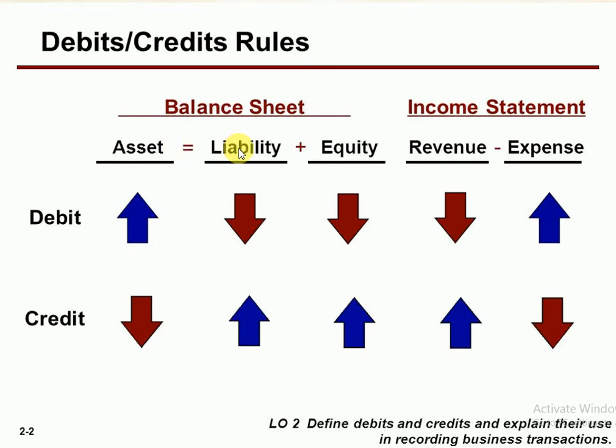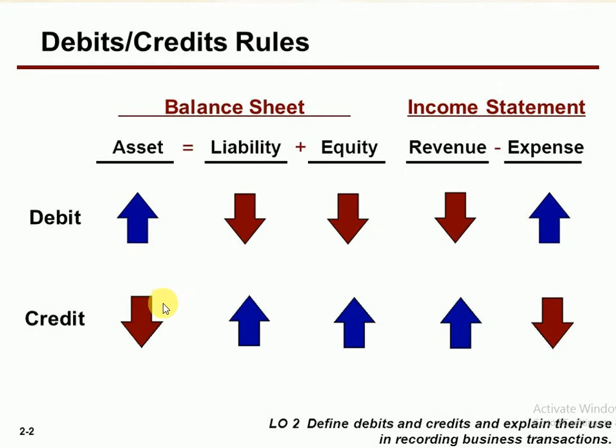Assets is equal to liabilities plus owner's equity. So assets at the time of increase are debited; liabilities, equity and revenues at the time of decrease are debited, while expenses at the time of increase are debited.